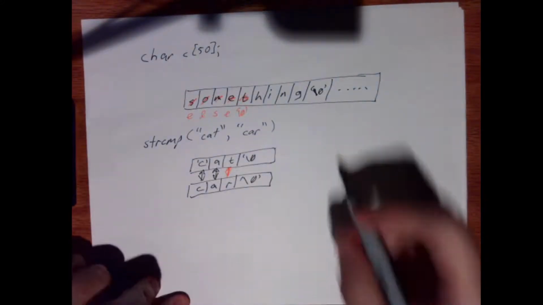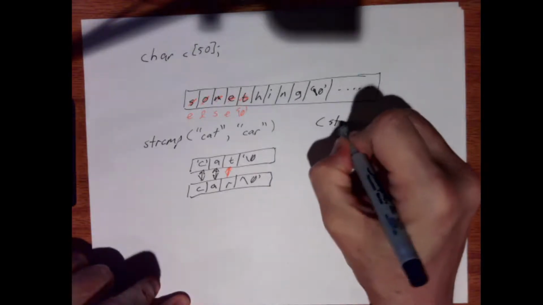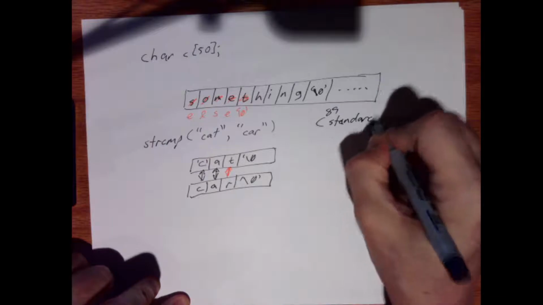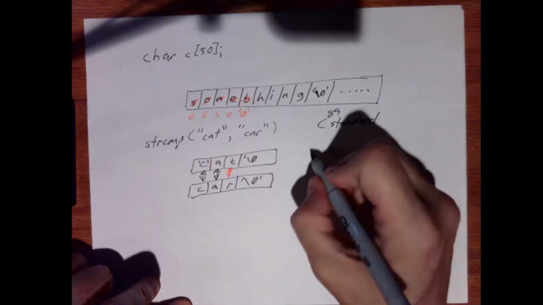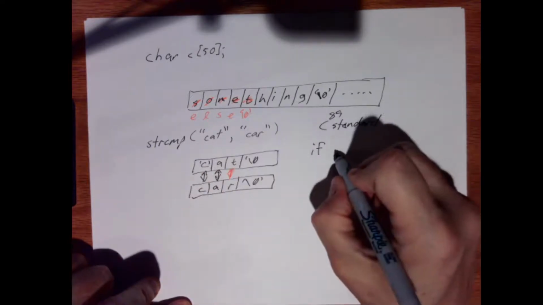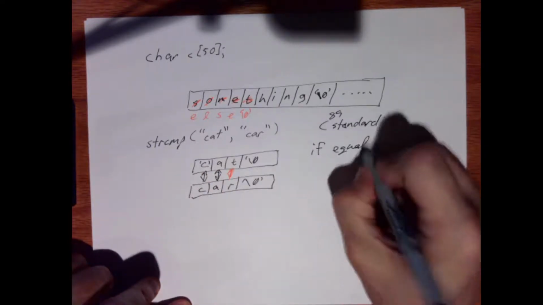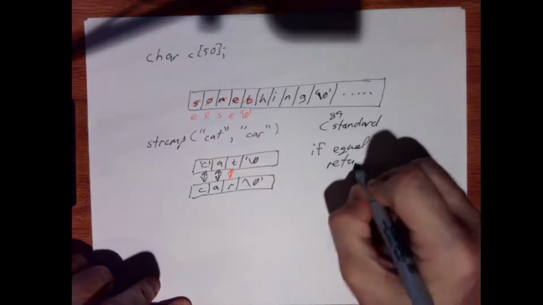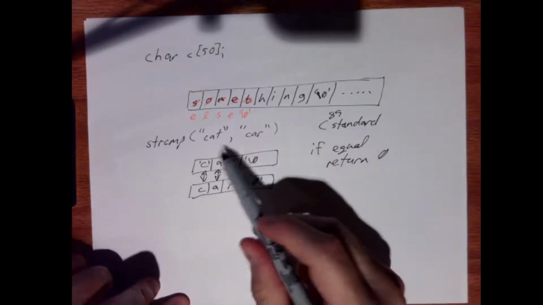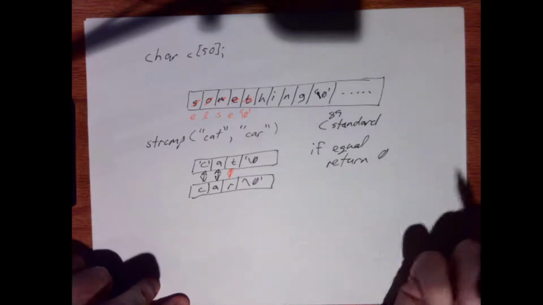So the C standard, C89 standard in particular, says that if the two things are equal, return 0. That's the reason why when I compared B and C, since they were both car, I got 0.